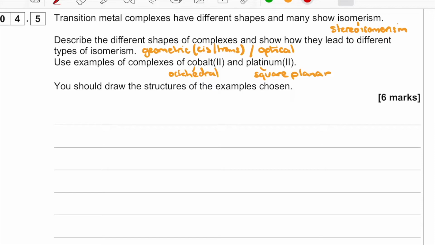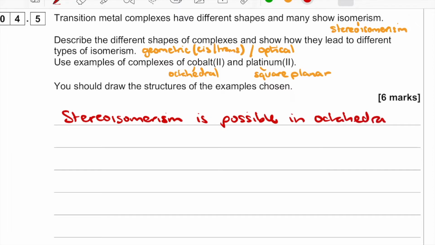So we're going to start our answer with stereoisomerism is possible, and then it can happen certainly in these two shapes that we've established, in octahedral and square planar complexes.